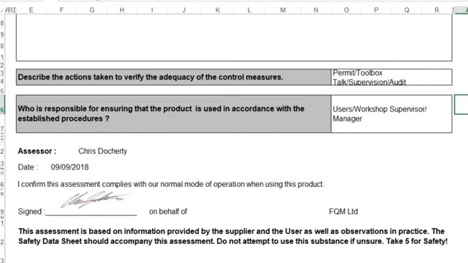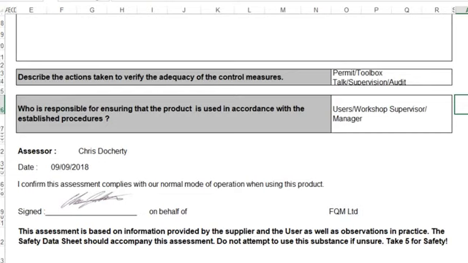We've identified who the assessor is, signed it off, and of course we've finished off by saying that it's based on the information provided by the supplier, the observations and the practices that we undertake, and we are saying that the safety data sheet should accompany this assessment because this assessment has to be available to the operatives that are undertaking this work.